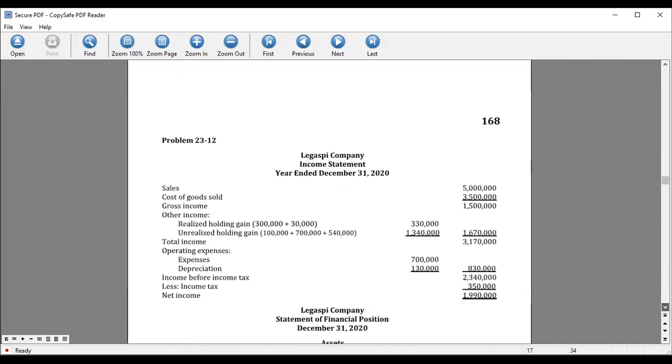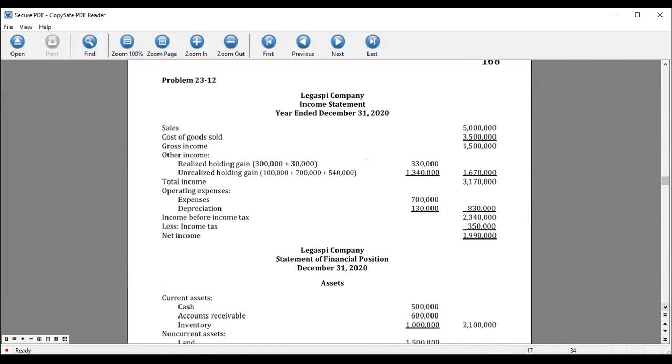The Gaspi Company was formed on January 1, 2020. The entity reported the following financial statements pertaining to the first year of operations. So we have now the income statement with net income of 650,000. Then the assets, liabilities, and stockholders' equity total 3.7 million.